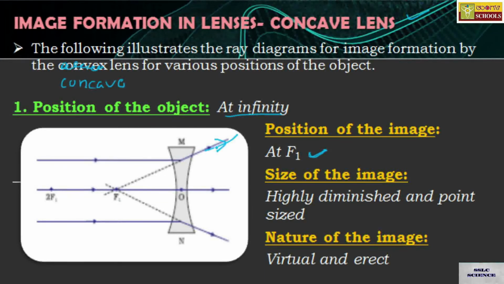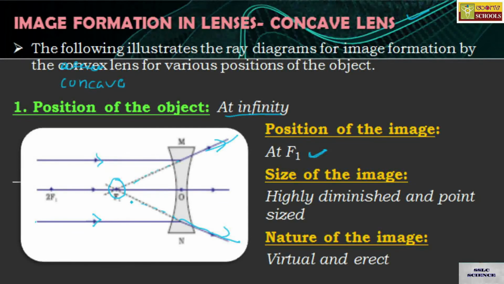Similarly, we have another ray of light on the other side, which is parallel to the principal axis and diverges like this. So once you get these back, you will have the image at f1.